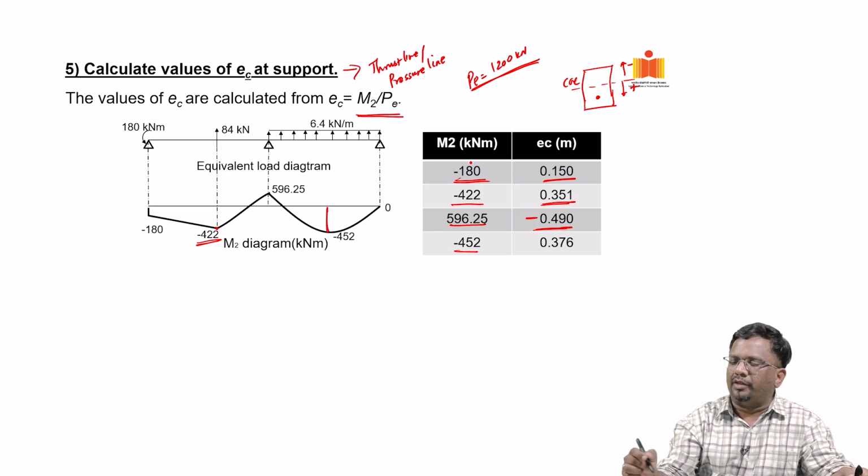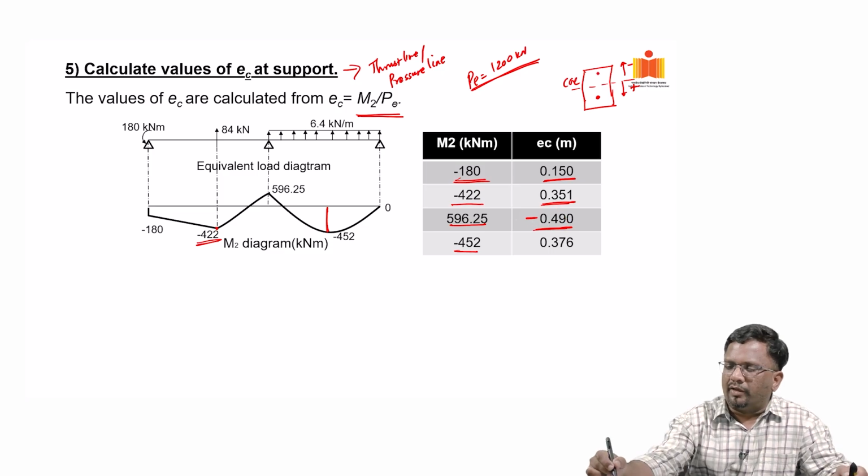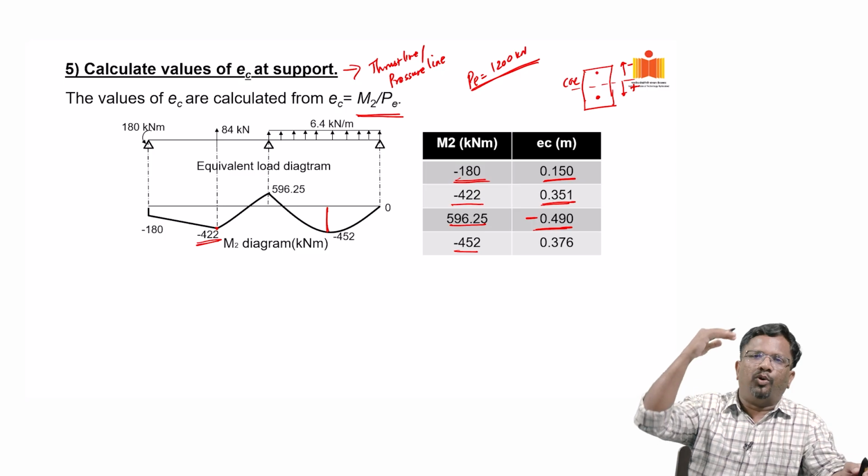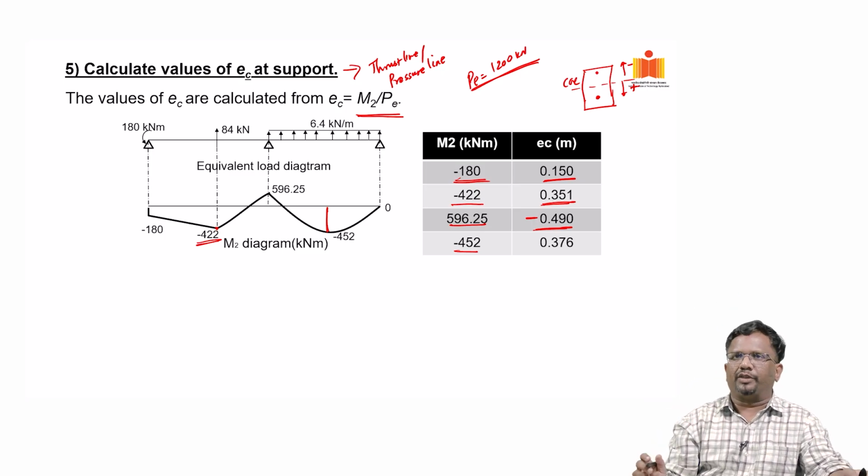So, that is the reason: if the moment is negative, you divide it by negative PE, and you get a positive value. If it is a positive over negative, you will get minus. So, negative 0.49 means the location of the compression line is above the CGC. That is what we are trying to say.